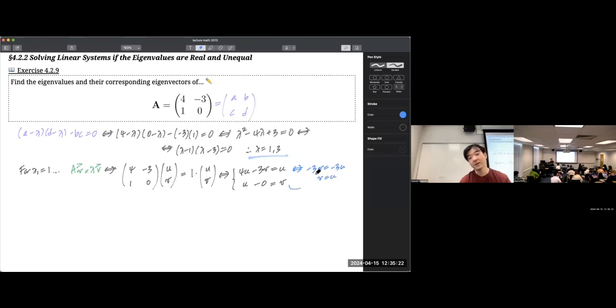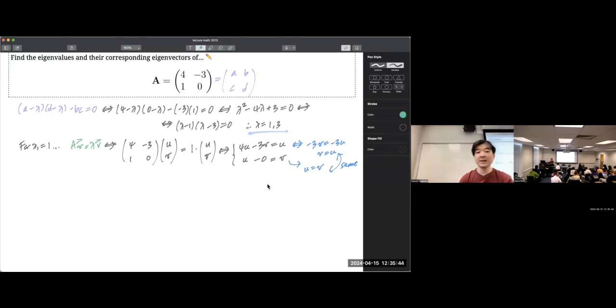This equation is u is equal to v. So they're both the same. They give you a relationship. They basically say they have to be the same, but they don't actually give you an exact value for both of them. So it does give you some information, but not everything.